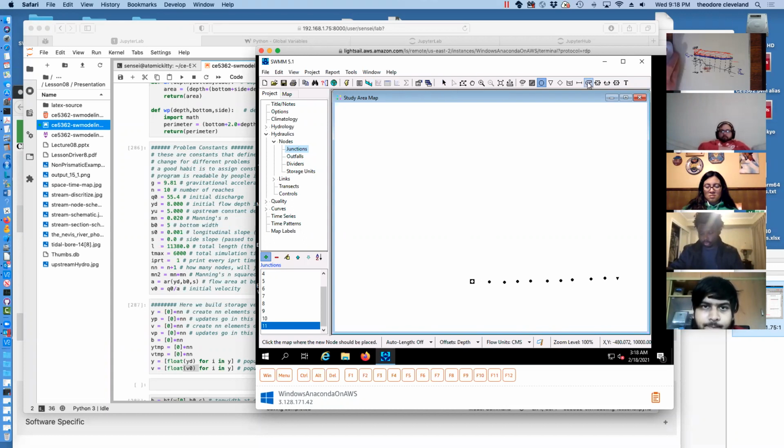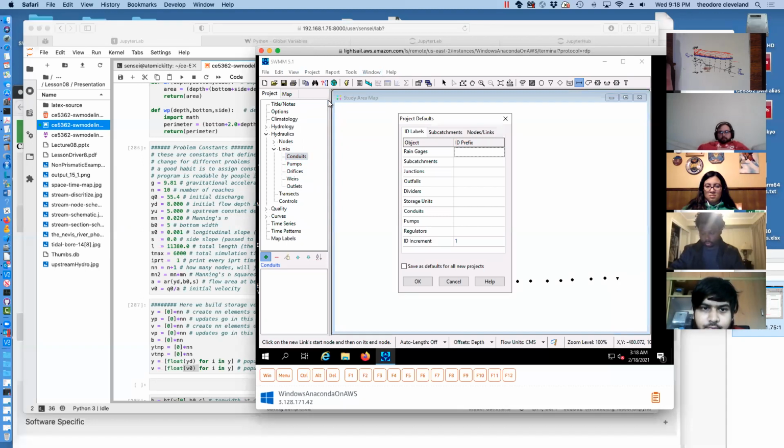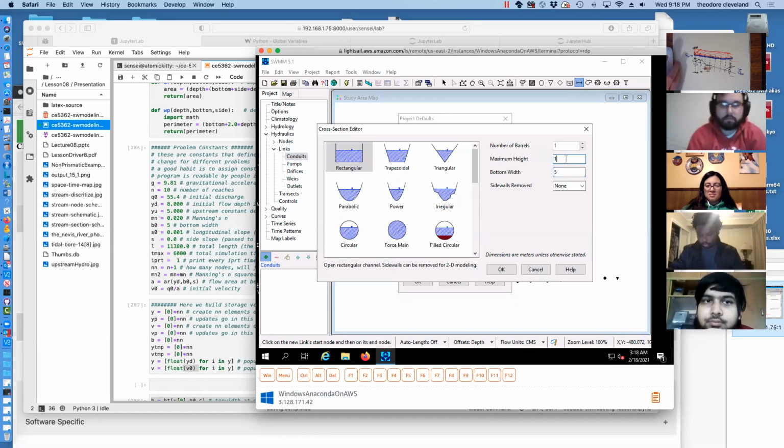The next thing I'm going to do is create my conduits, but let me go ahead and make my life a little bit easier. I'll go to the defaults. And I don't want circles. I want squares. Our bottom width, as you recall, was 5 units. Let's let them go as tall as 10 units to be sure that they will contain our computed water.